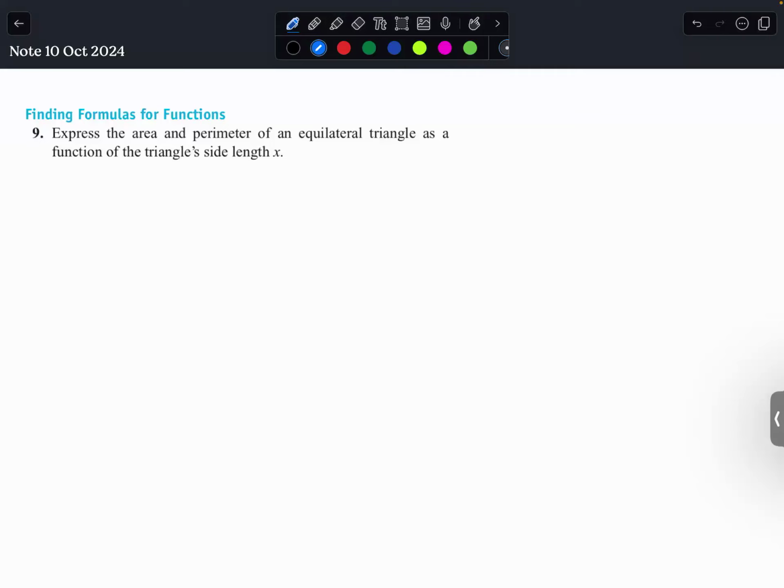All right, so the first thing we discussed last week was a function, right? So if you remember, we defined a function.